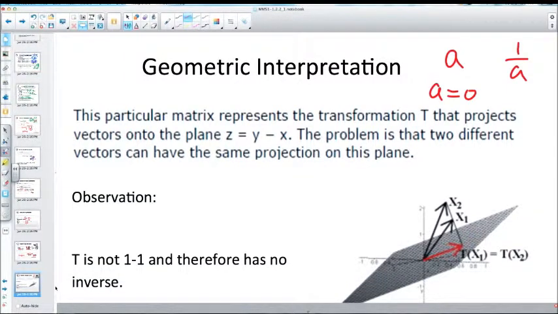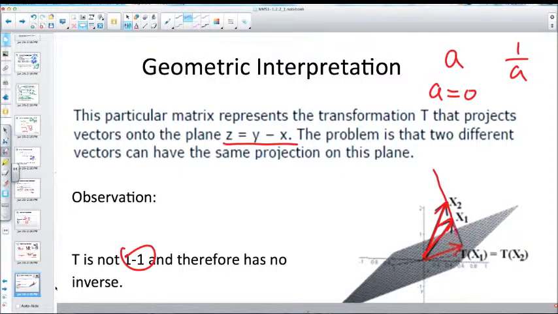The matrix we checked a moment ago is the projection matrix to the plane z equals y minus x. If this is a projection, you bet it's not going to be one-to-one. Why? You can have different vectors x1, x2.